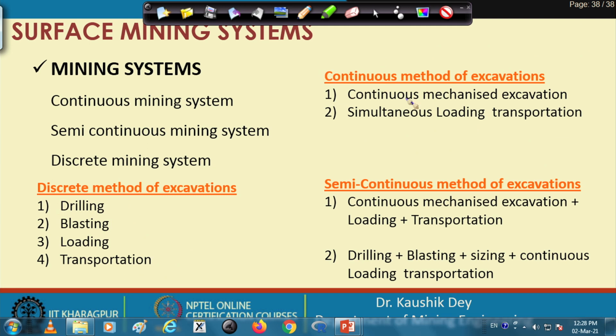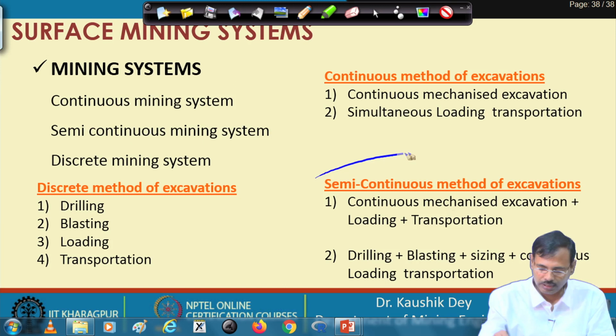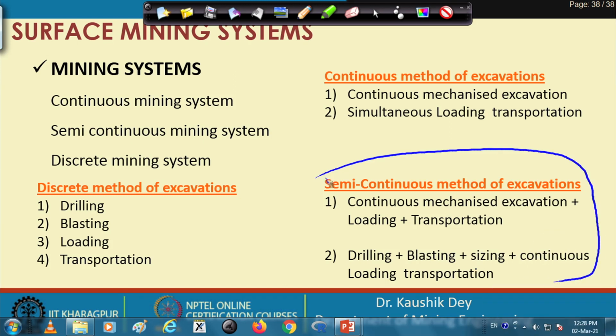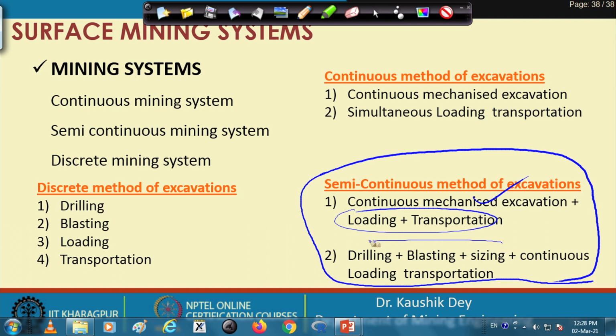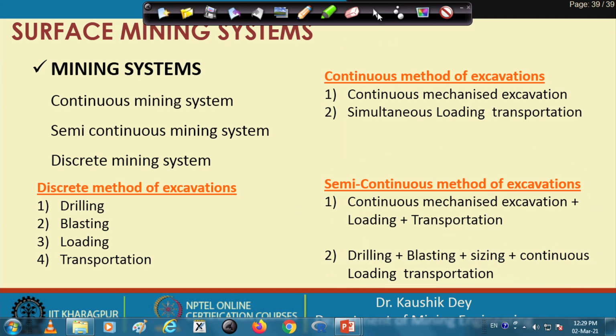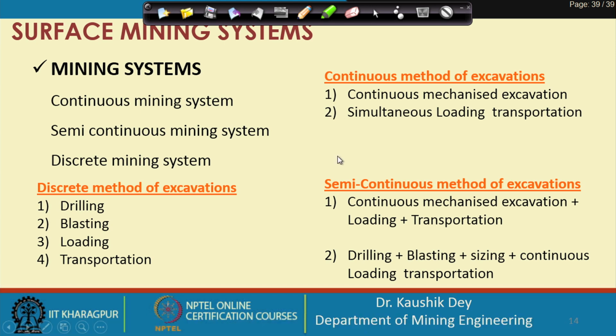So, to take the advantage and disadvantage, the in between system is made, that is called semi continuous system, where either we are having a continuous excavation system and discrete loading transportation system, or we are having discrete excavation system, then continuous loading and transportation system. So, these are the two options available in this case. So, it is basically a compromise between the continuous and discrete system, so that the advantage of both can be maintained.